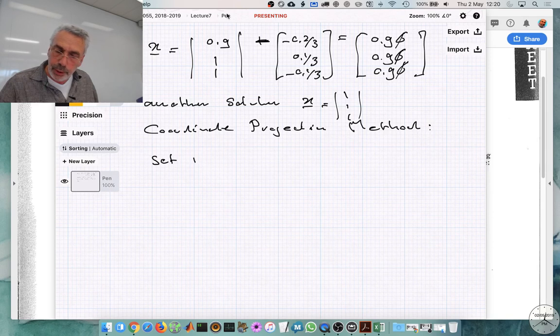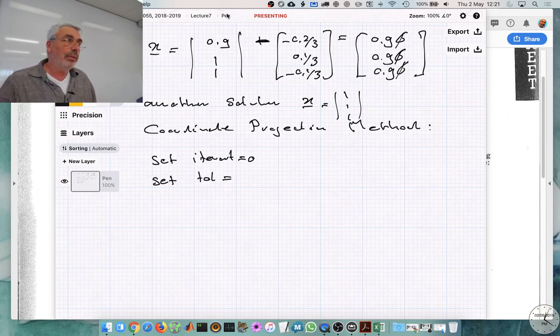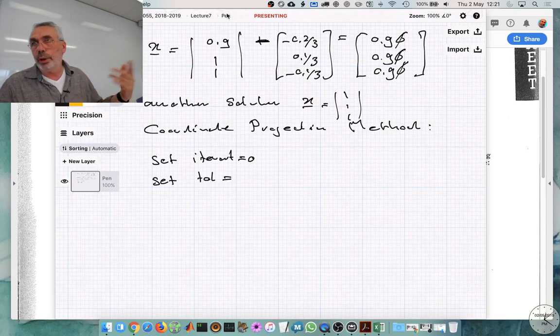So first you set the number of iterations to 0. Why do we do that? Well, it's an iterative process and we don't want to go on forever. We want to say after 10 iterations, if you're not home, then forget it. Then there's something else wrong. Somebody tinkered with your computer, or your cable is broken. Then we set some tolerance because we will never get to 0 in an iterative process; it's all smaller than some number.